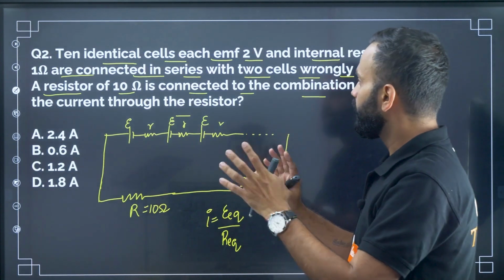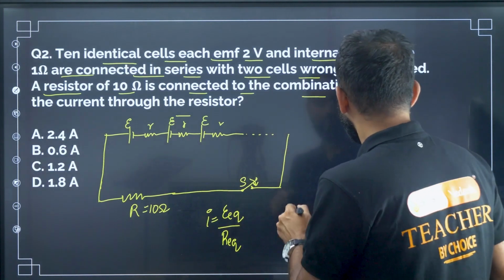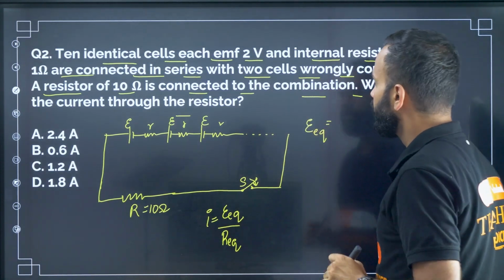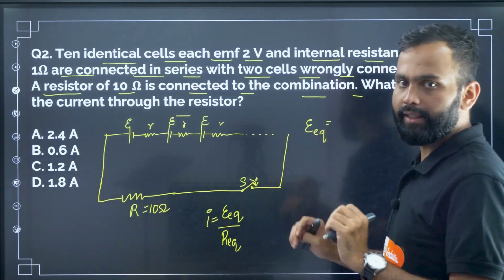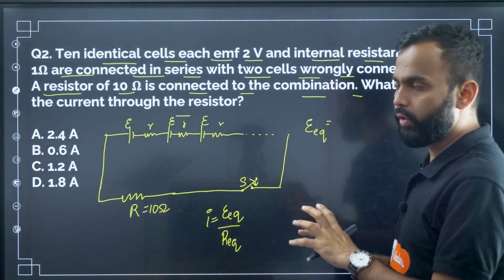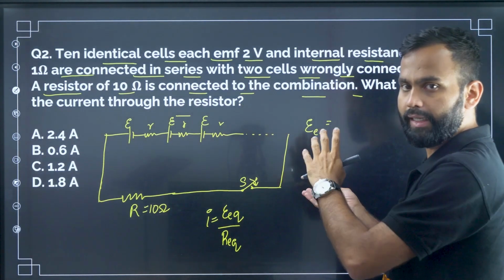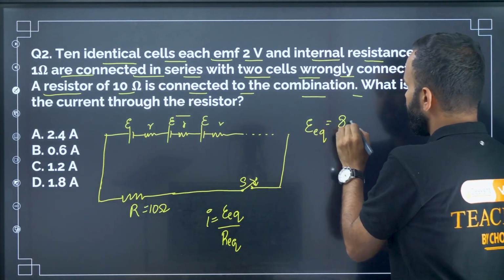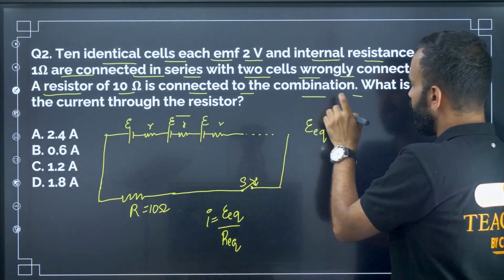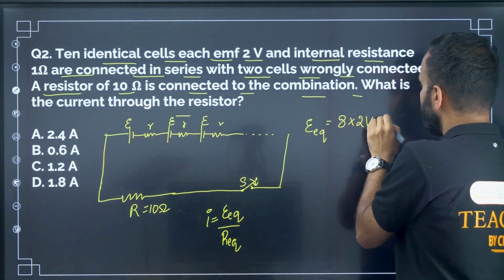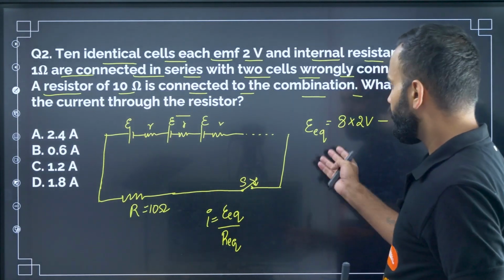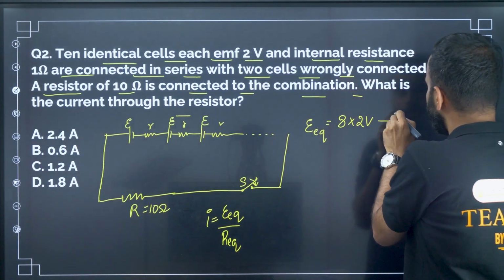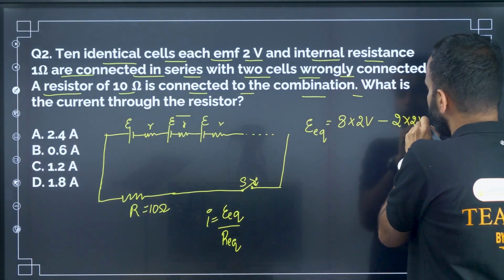Two cells are connected wrongly, that is, connected the opposite way. So E equivalent equals 8 cells into the EMF of the cell, 2 volt, minus, because the polarity changes for the wrongly connected cells, 2 into 2 volt.